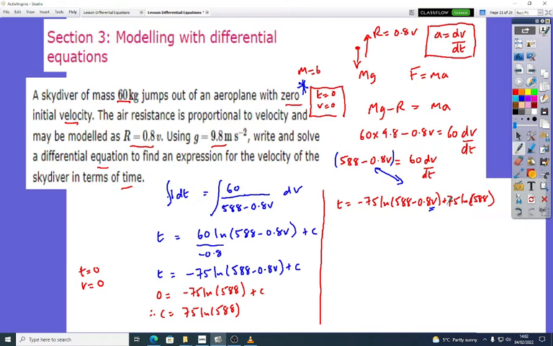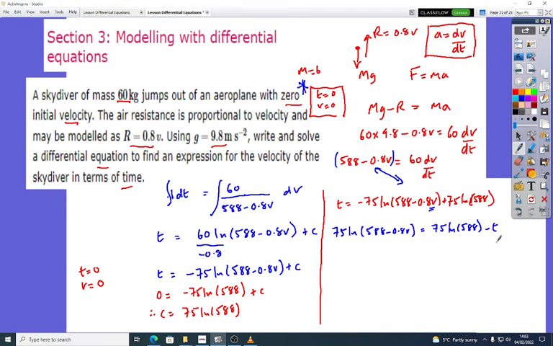Are we okay so far? We're good? Right, okay. So let's take this to the other side and take t to the other side first. So I've got 75 ln of 588 minus 0.8 v equals 75 ln of 588, and that's going to be minus t.